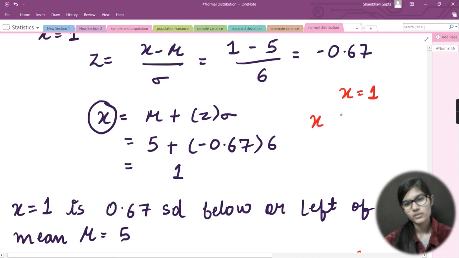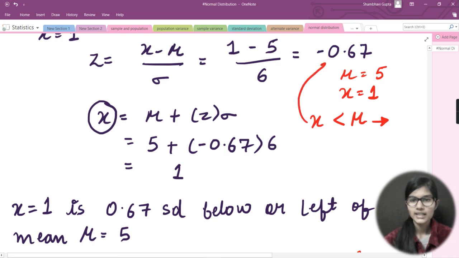So here the condition which is satisfied is that the value of x is smaller than the value of mu, because the value of x is 1 and the value for mu is 5. So here the mean is greater, and whenever the mean is greater, I am always going to get a negative z score. So that is why I got this minus 0.67 as the output, as a z score.